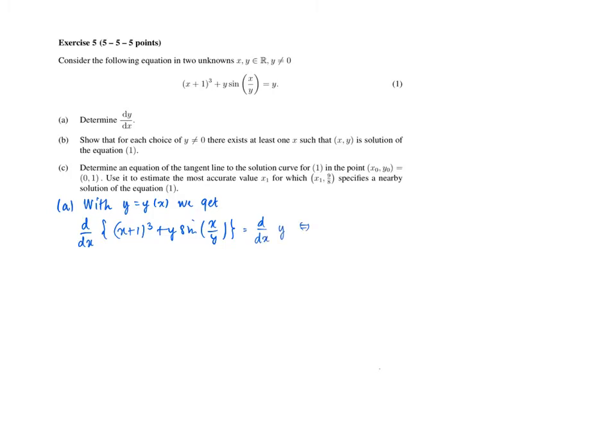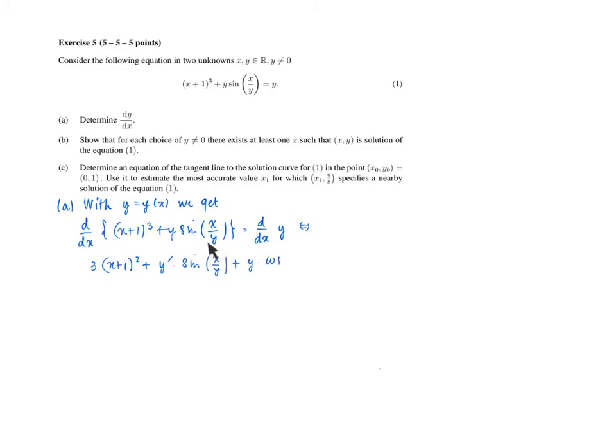And now we calculate on the left and the right the derivative as if we knew the derivative of y. So here we get the derivative of (x plus 1) to the power 3, and this is a more complex term, so we have to be careful there.